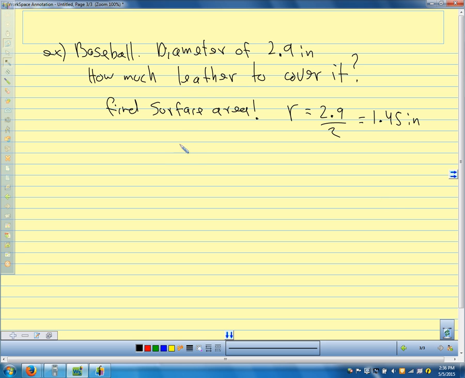Plug that into my formula. The surface area equals 4 pi times 1.45 squared. This doesn't say in terms of pi, so I'm just going to multiply this all out. And I get about 26.42 square inches. So it takes about 26 square inches of leather to cover this baseball.